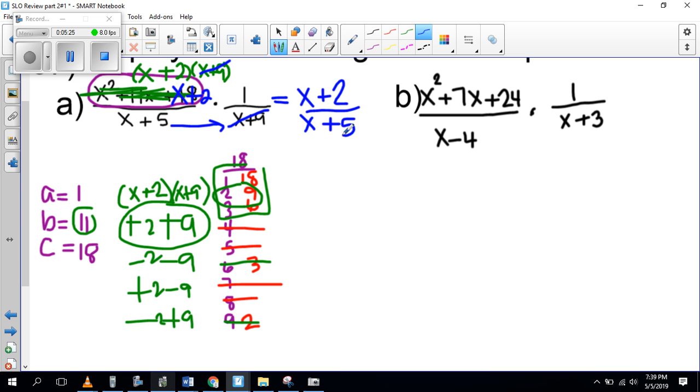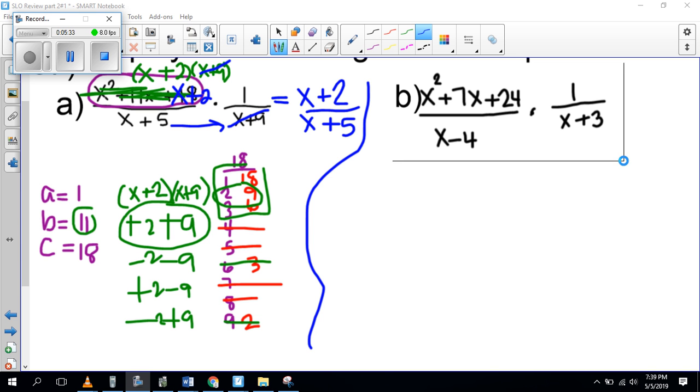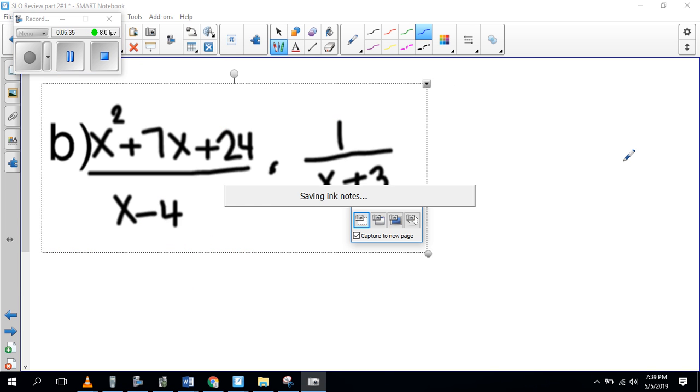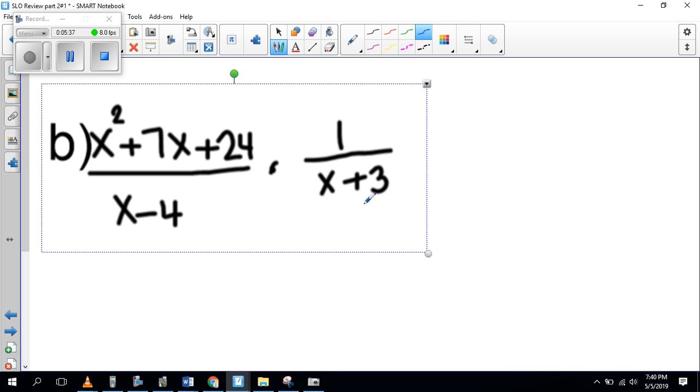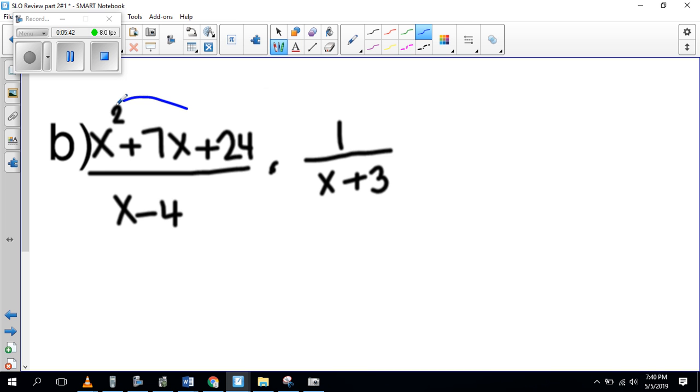Okay, so let's try letter B. And I'm going to shorten this a little bit just because it's going to take me a while to do this. So I think most people know how to factor. But this is the one that has to factor.